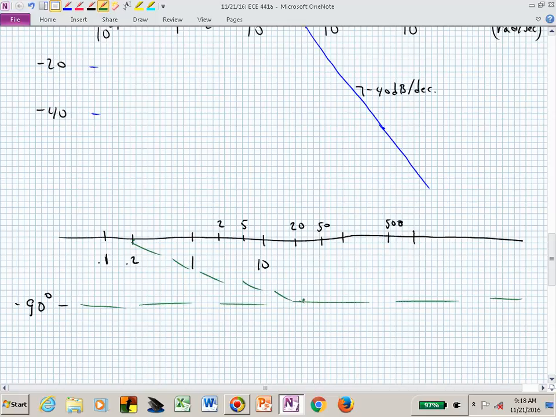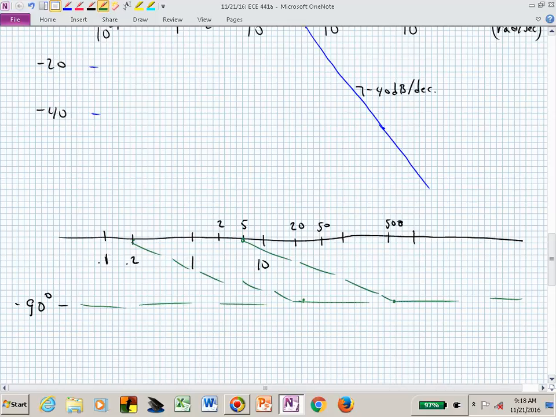You can do a better job of sketching than I can, especially on your piece of paper. And the next one starts at 5 and finishes at 500. And those are now my two pieces that contribute to my phase curve.